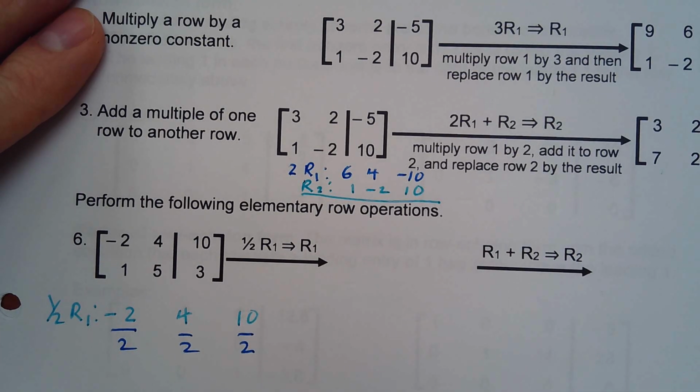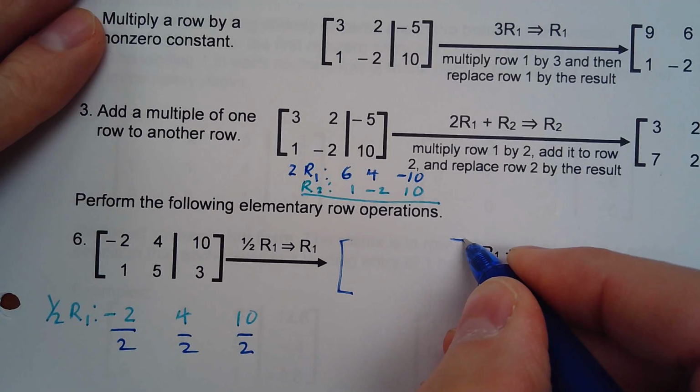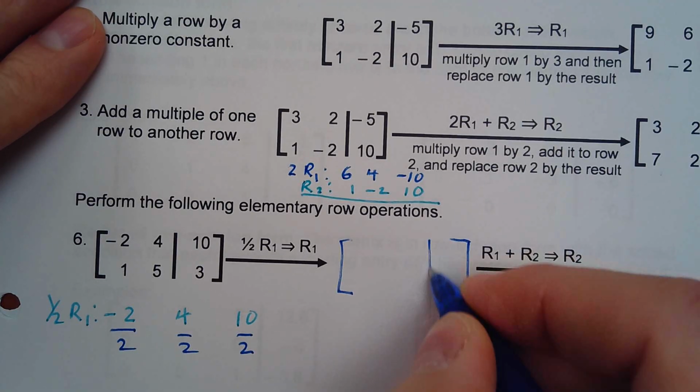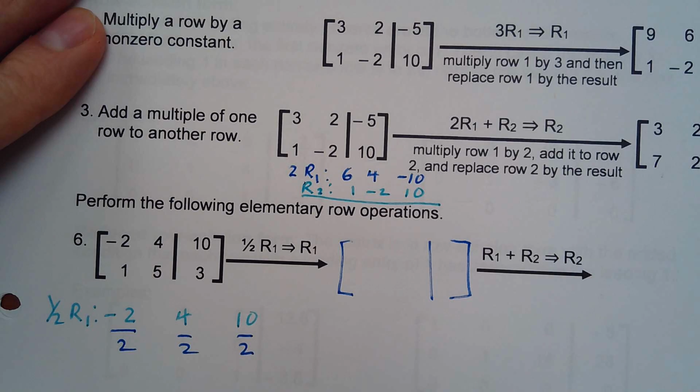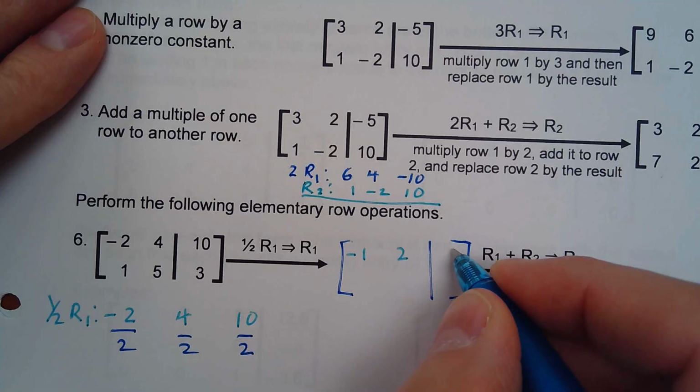And then that answer is going to become my new row number 1. So that will give us -1, 2, and 5.